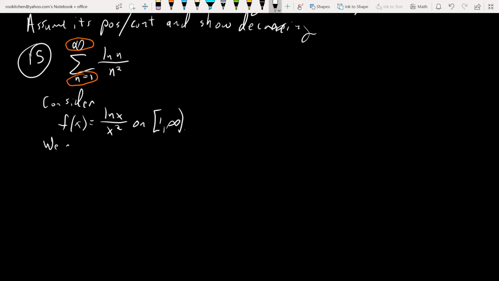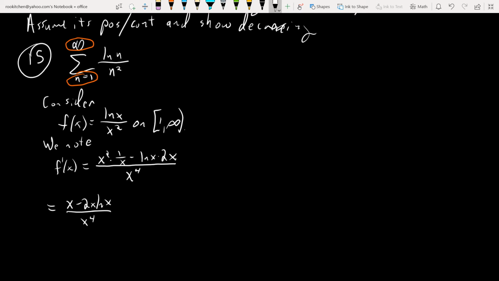So we note f prime of x is equal to low times the derivative of the high minus the high times the derivative of the low, all over the low squared, x to the 4th. Okay. If we simplify, you'll get x minus 2x ln x all over x to the 4th.